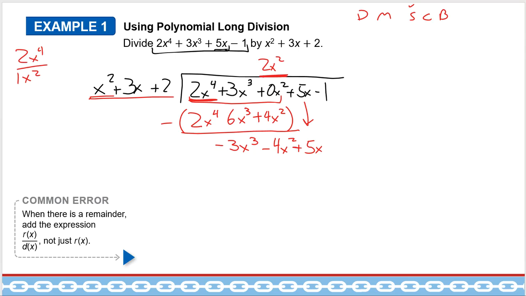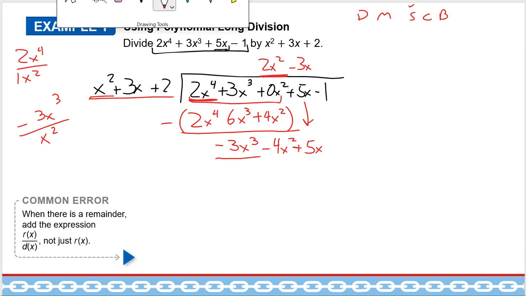I am going to divide this negative 3x to the third by x squared. So I'm working on this. Negative 3x to the third divided by x squared would be negative 3x. There's my division step. Now I'm on to multiply.